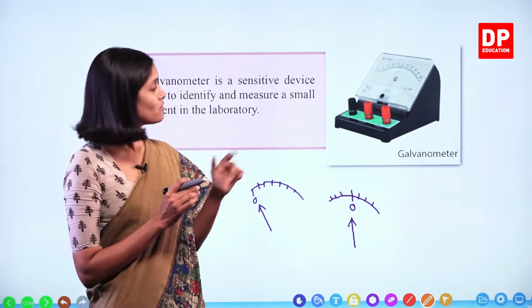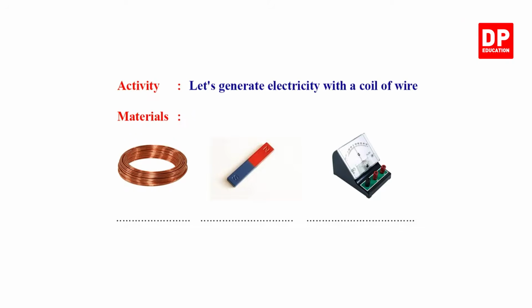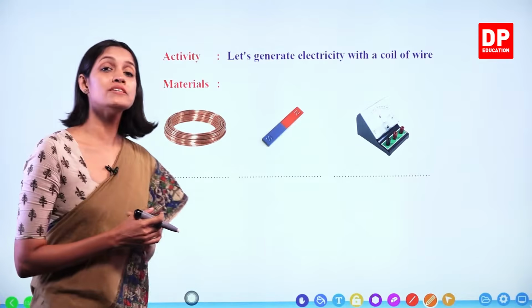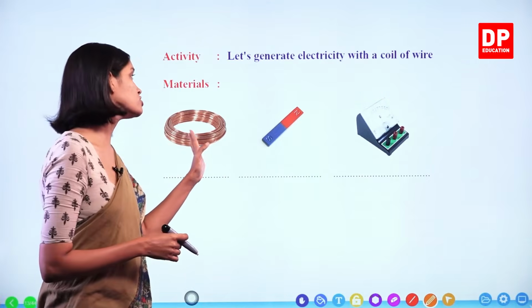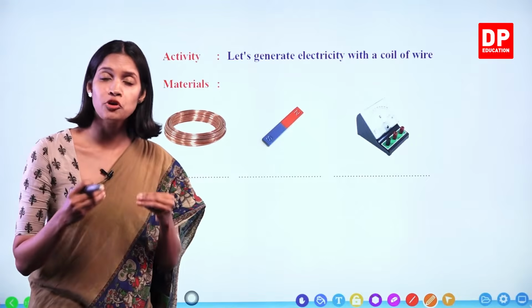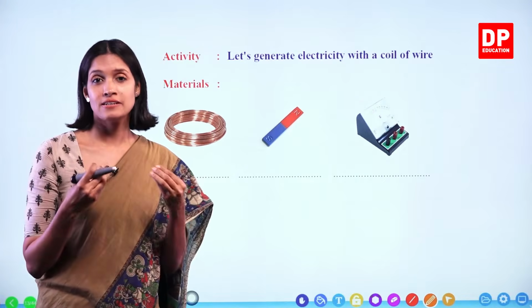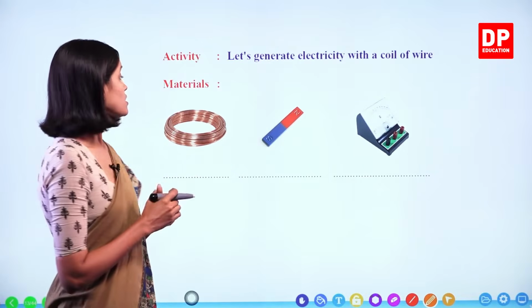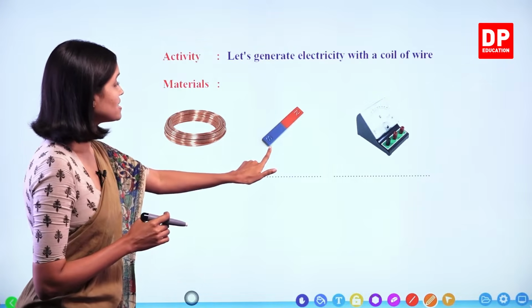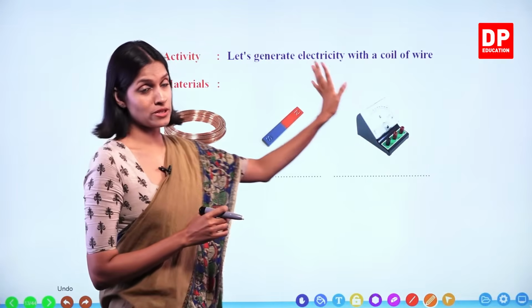Okay, children. We'll move on to the next. What do you need to do this activity? We need an insulated copper wire. Insulated copper wire means a kind of copper wire coated with another paint-like substance called wire enamel, right? So we need a bar magnet and we need a galvanometer, right?